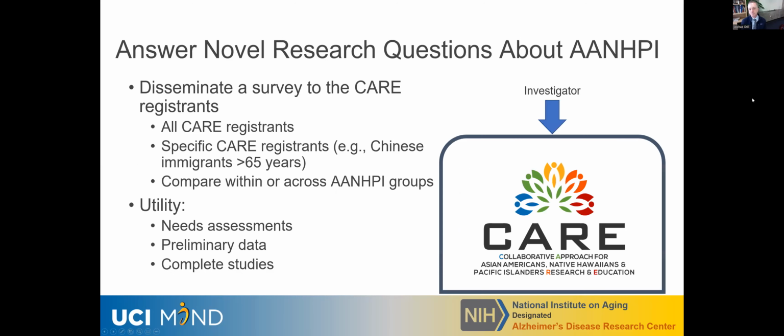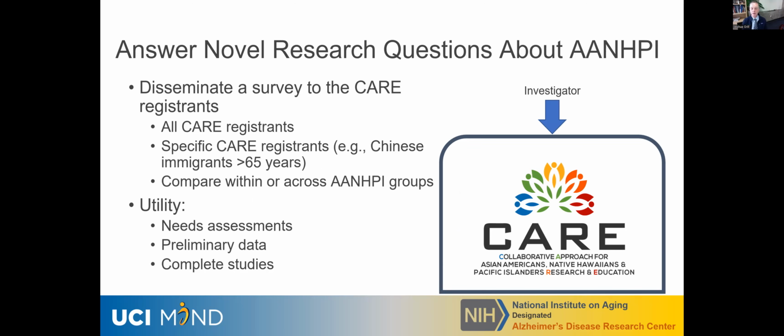Next slides. So one potential use of the CARE registry for investigators is to try to answer a novel question. This would likely be a question specific to Asian Americans and Pacific Islanders, but it need not be. But of course, the goal is to gain understanding and learning about specific research issues in these populations through CARE.